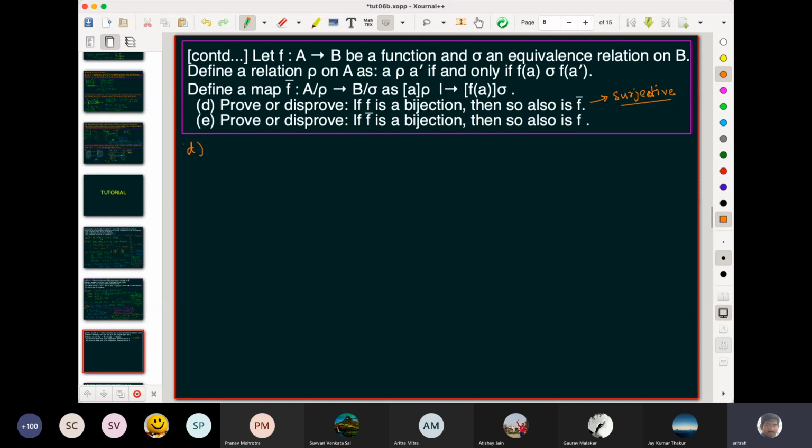Whether D is a correct statement or false. The statement of D is proven or not, true or false?